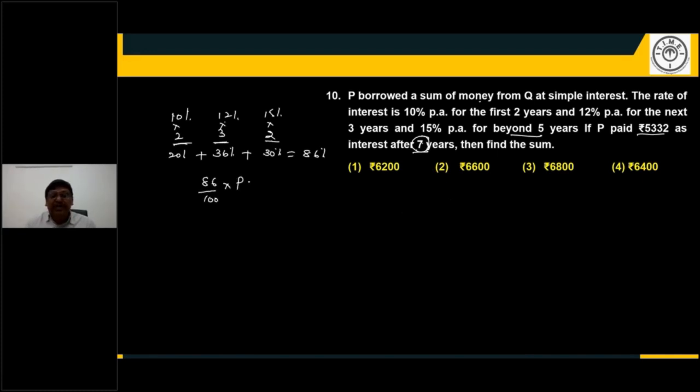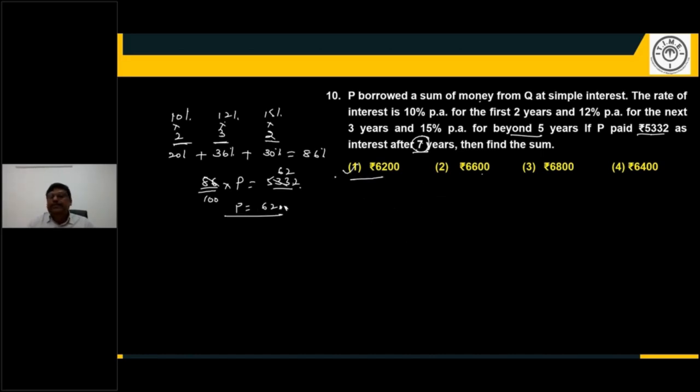So 86% of principal is 5332. You can always find the principal. P is equal to 5332 divided by 86. It can't be 66 or anything; you calculate, it will be 62. P is equal to 6200.